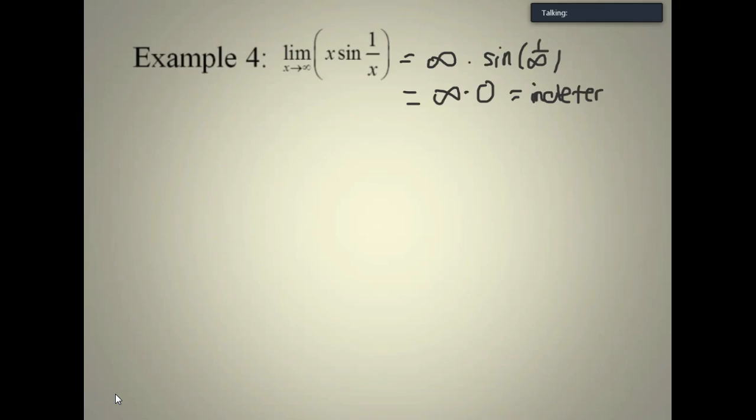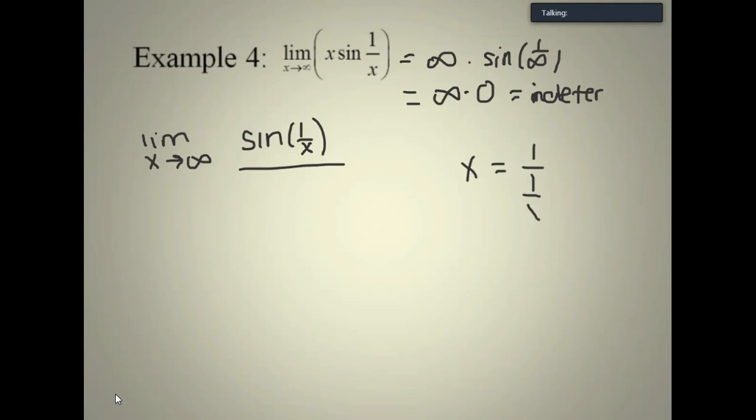So in order to rewrite it as the fraction, that sine of 1 over x is locked together, and we're going to make that my numerator. But if you think about x, I can transform that to be 1 over 1 over x.